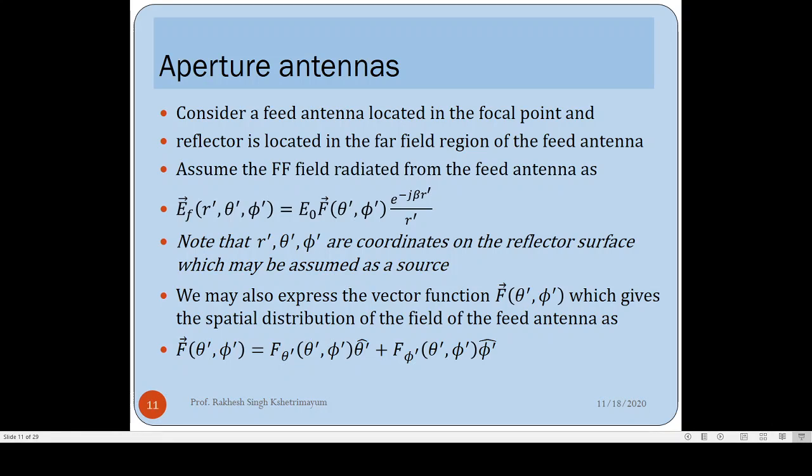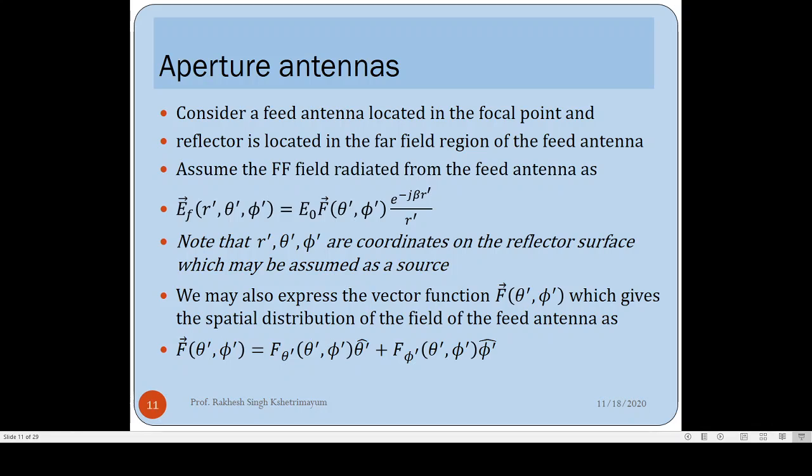Here E naught is a constant, F vector is dependent on theta dash and phi dash, and this is exponential minus j beta r dash by r dash. Usually open-ended waveguides or horn antennas are used for feeding the reflector antennas. Those kinds of antenna will have a far field radiation pattern, electric field, something like this: E naught, F vector, exponential minus j beta r dash by r dash.